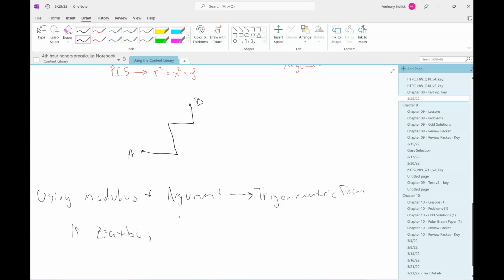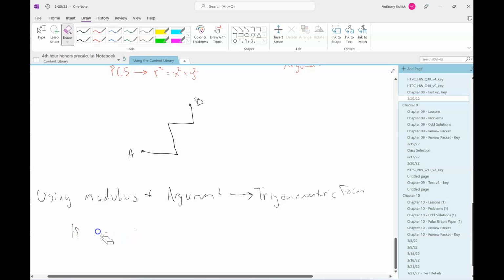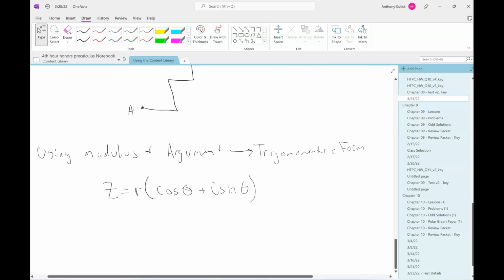So the trigonometric form, let's write it this way, is r times cosine theta plus i sine theta.